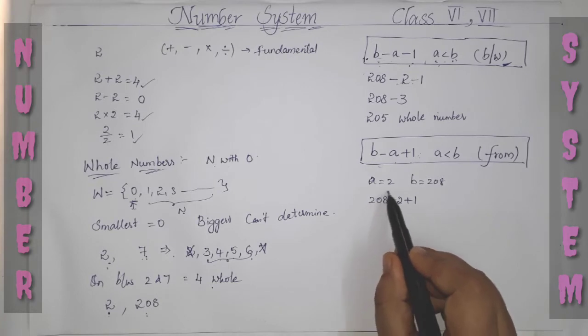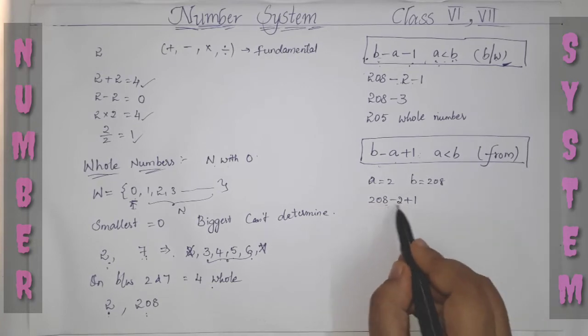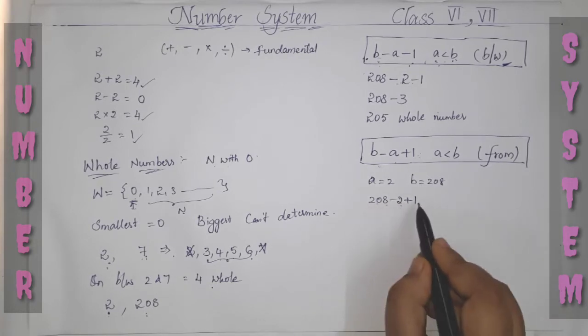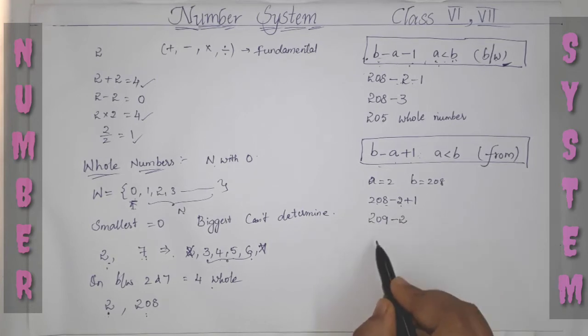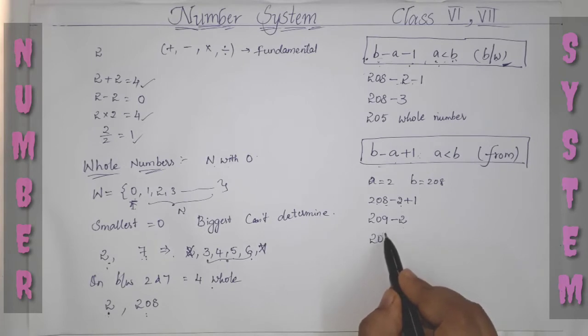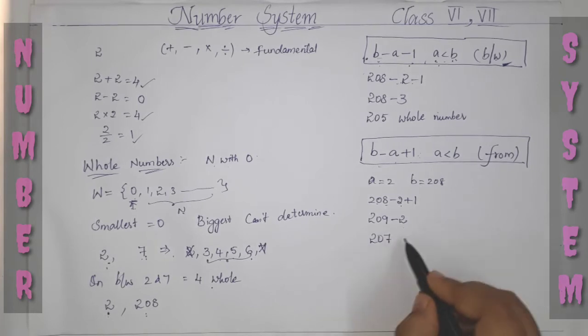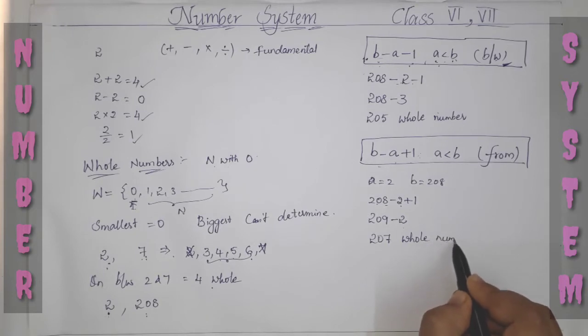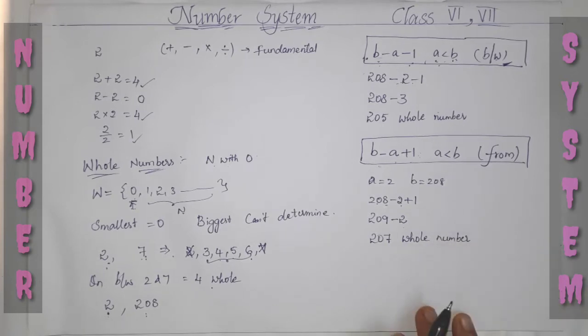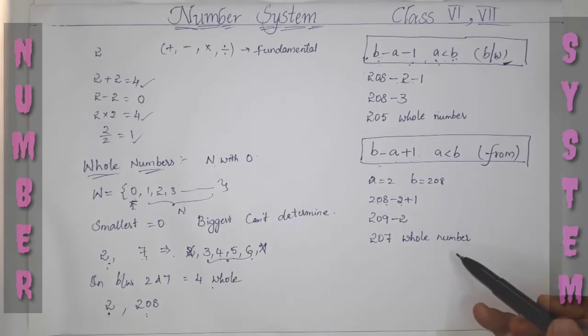So 208 minus 2 is 206, or 208 plus 1 is 209 minus 2. So 209 minus 2, how much? 207. How many whole numbers are there? 207 whole numbers. Whenever they ask about natural numbers, you use the same formula. For integers, the same formula. For whole numbers also the same.